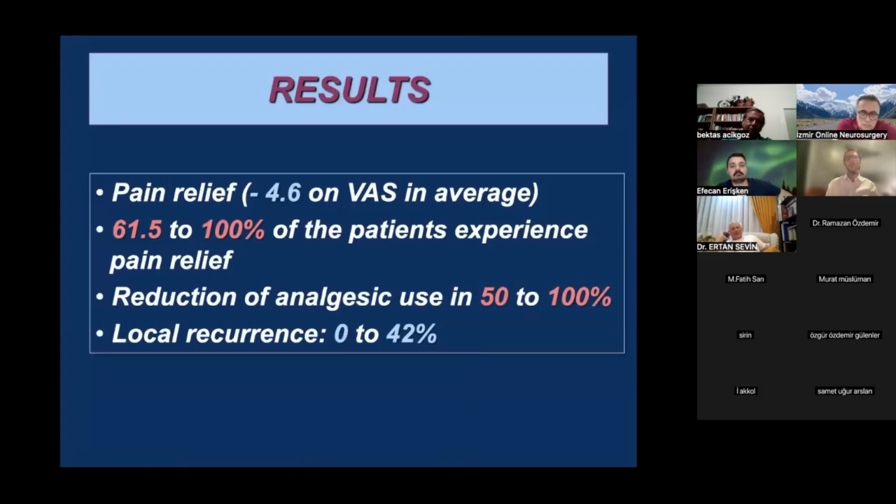And in the literature, you have a very good efficacy in terms of pain relief. So you have pain relief in more than 60% of the cases. You also have a reduction of analgesic use after radiofrequency ablation, ranging from 50% to 100% of the cases.